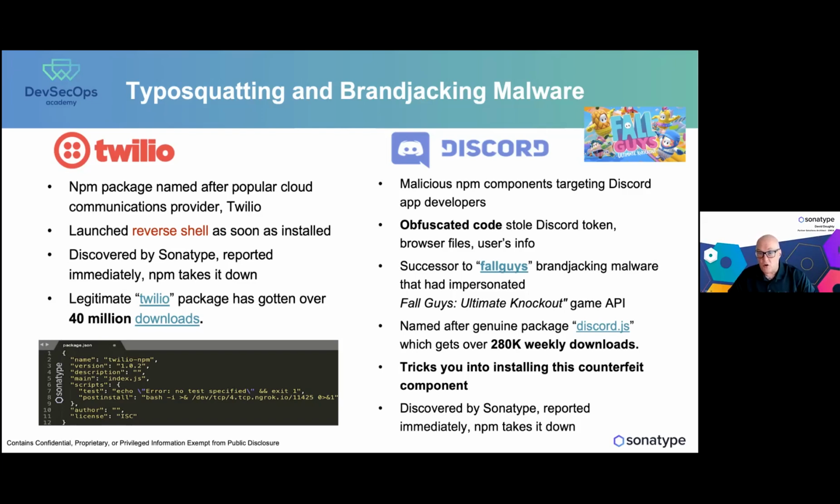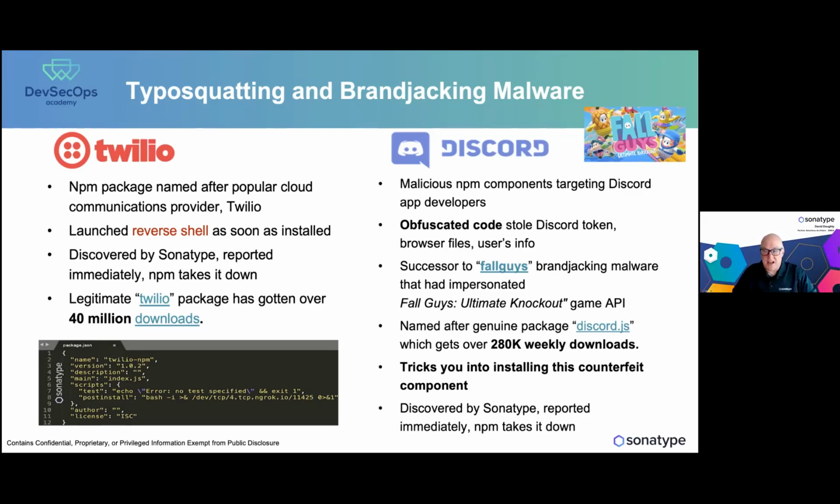In the case of Discord, it uses the legitimate Discord package. So you mistype the name, you get the typosquatting package with the malware injected. It also gives you the real package. So ultimately, you get the functionality you're expecting, but you also get some things that you didn't expect.